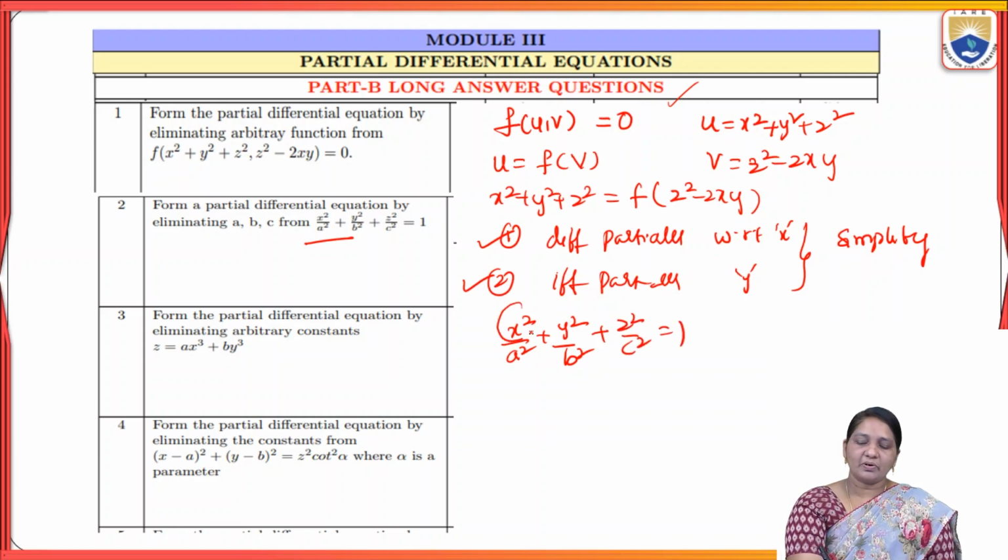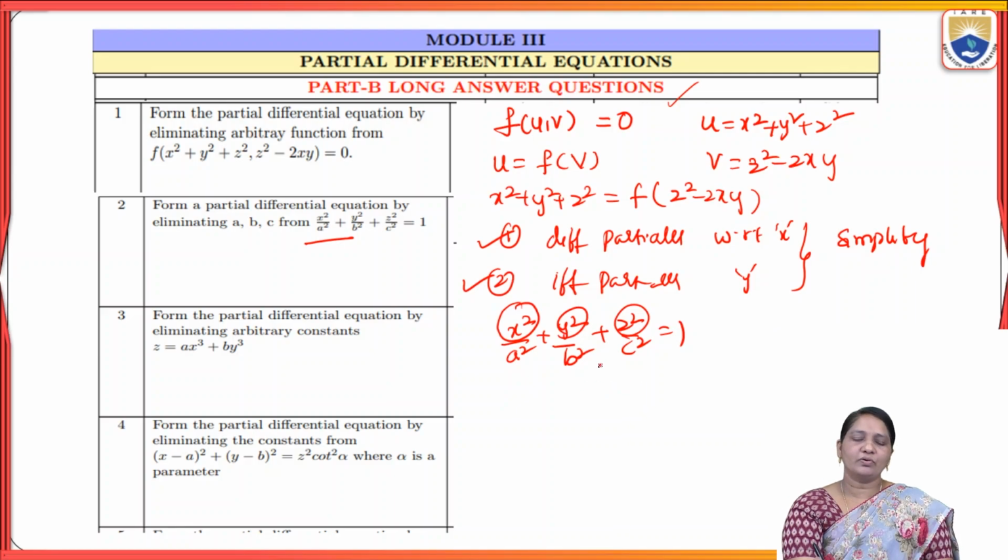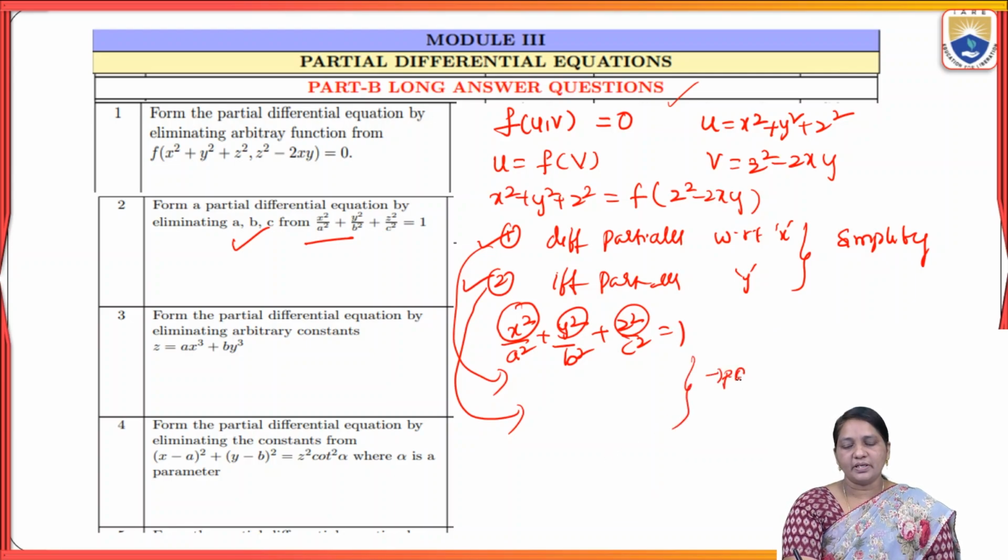So we are having the power x square, y square and z square. So based on the problem we have to take, here we have to eliminate the arbitrary constants. So first step we have to do differentiate partial with respect to x, after then differentiate partial with respect to y, then simplify those equations to get the PDE. Otherwise there is no possibility to get the PDE.